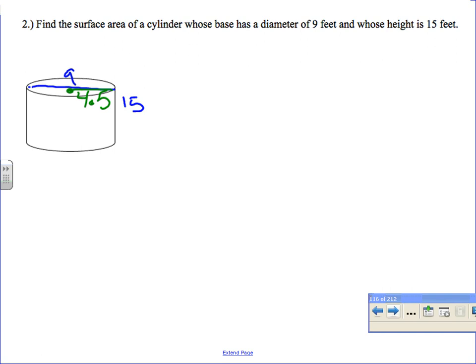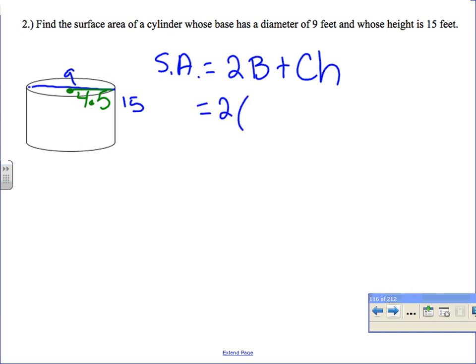Okay, from there, it's all you need to do. Let's find surface area. So if you're going ahead of me, just make sure you're checking your calculations with ours on the smartboard. 2B plus pH, which again is the same thing as 2B plus CH. I keep saying that on purpose. 2 times area of the base is 2 times pi times r squared, plus circumference is 2 times pi times radius times height, which is 15.